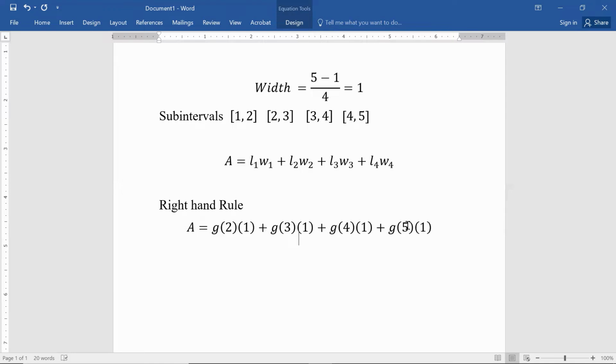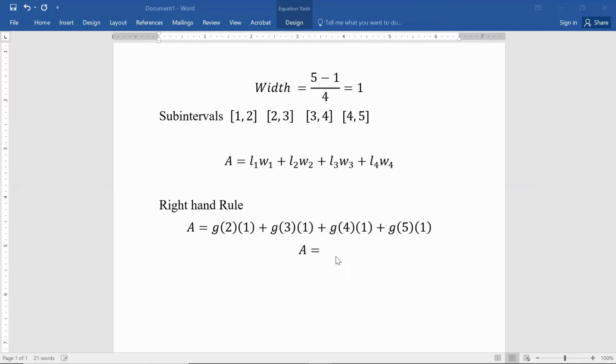The width of that rectangle is 1. Now I simply calculate g of 2, g of 3, g of 4, g of 5, plug it in, multiply each one by 1, add them up, and we get the total area.